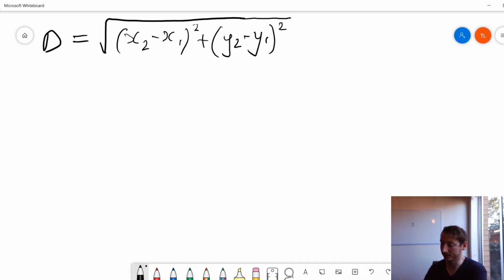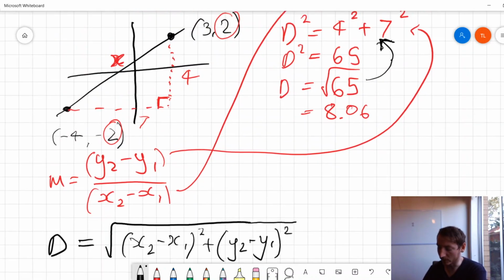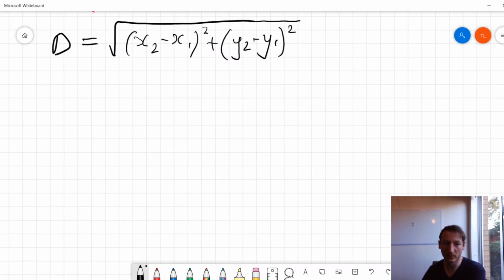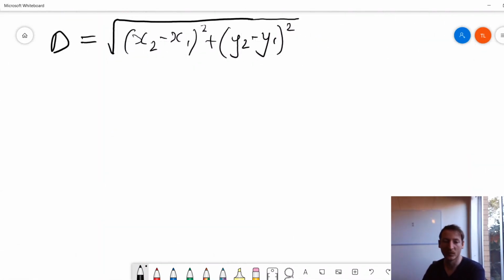So there are 2 ways. Draw out your triangle and use Pythagoras' Theorem, or the second way, which is just Pythagoras' Theorem already put into a formula and already solved.